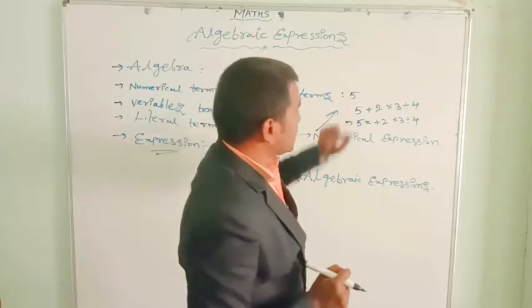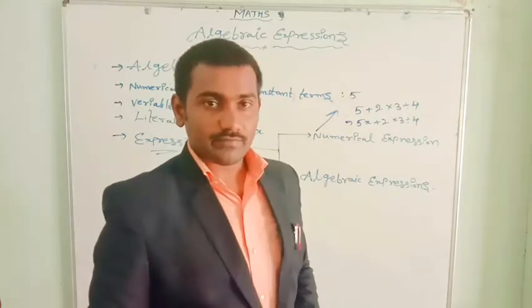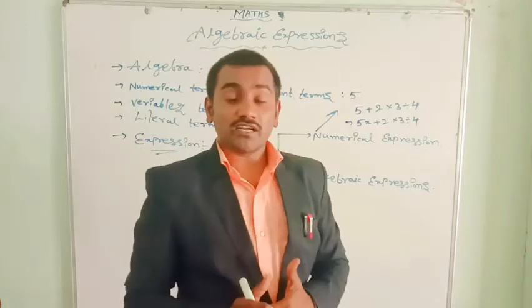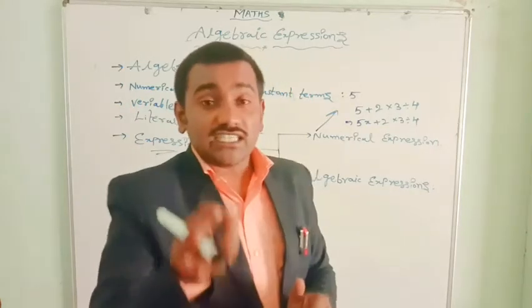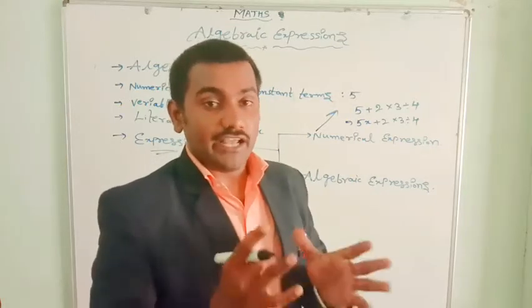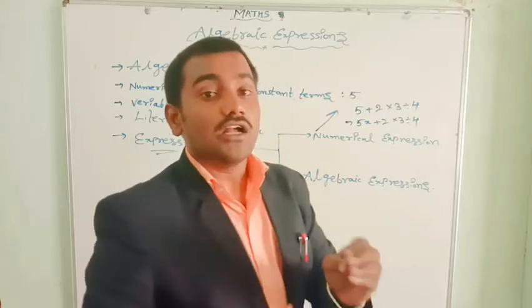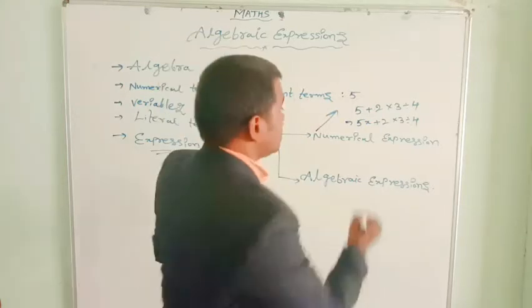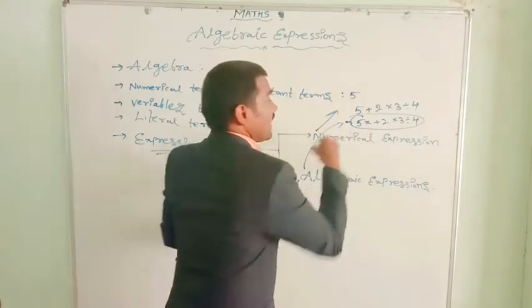In the first example, I wrote only 5. In the second example, I wrote pi x. An algebraic expression contains at least one variable. An expression that contains at least one variable is known as an algebraic expression. Now, this is known as an algebraic expression.